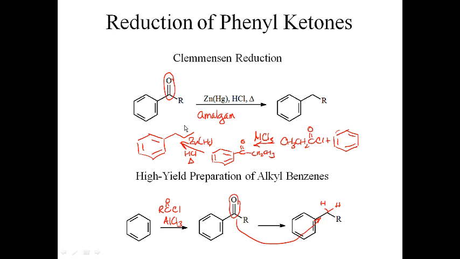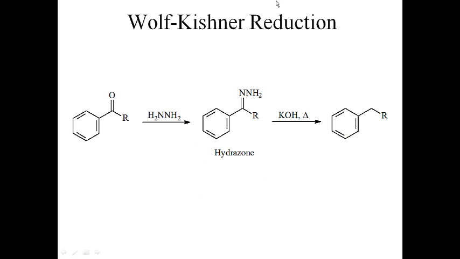So this is a workaround for adding straight chained alkyl groups to the benzene ring, because Friedel-Crafts just doesn't do it without undergoing that 1,2 hydride shift. There's another reduction that you can do of a phenyl ketone, and that's what's called Wolff-Kishner reduction.